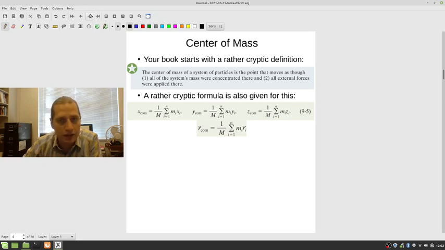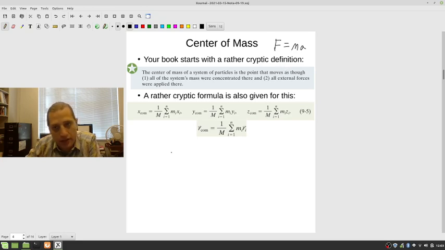Okay, it's not super clear, but essentially what they're talking about is F equals ma. So we want to find a point where we add up all the forces in the system and this point accelerates depending on how much total mass we have in our system.